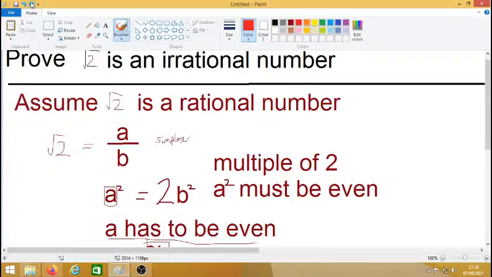It's got to be in its simplest form. So we can't have both. We can't have a over b in the simplest form and then later on say, hold on, a and b can be divided by 2. That just is a contradiction. So what we started with was wrong. It can't be that root 2 is a rational number. It's got to be an irrational number.